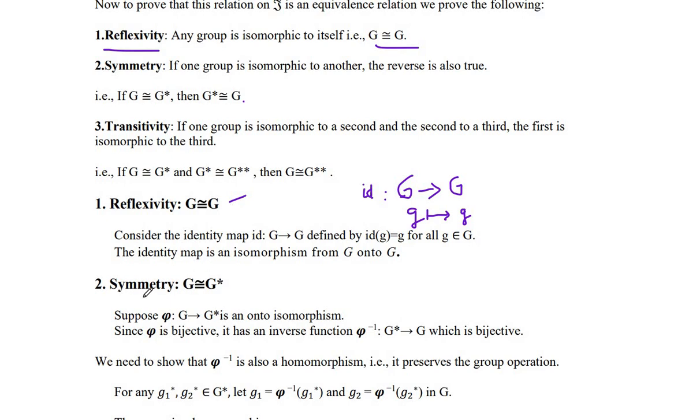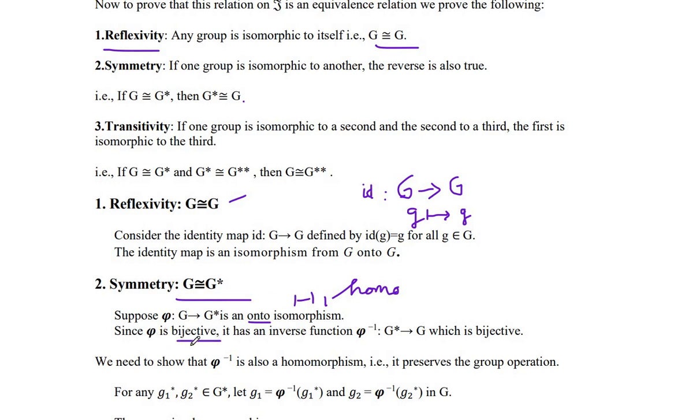Now for the second one, we shall assume that G is isomorphic to G star, which means there exists a one-to-one onto isomorphism, say phi from G to G star. Here, isomorphism we have considered as a one-to-one homomorphism, and if already here you have onto, so onto and one-to-one means you have bijective.